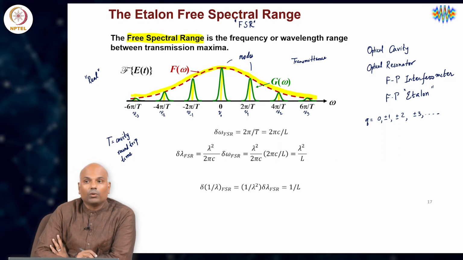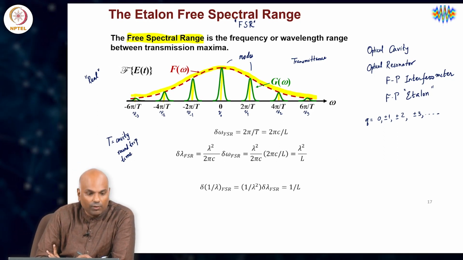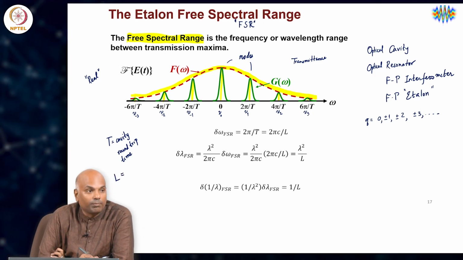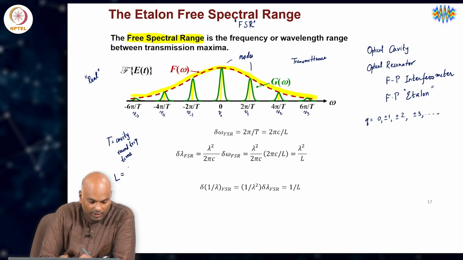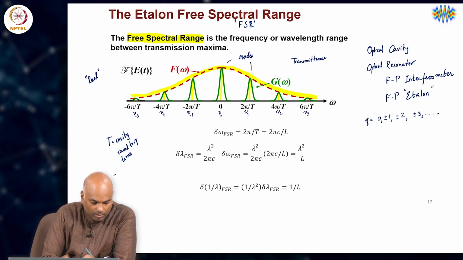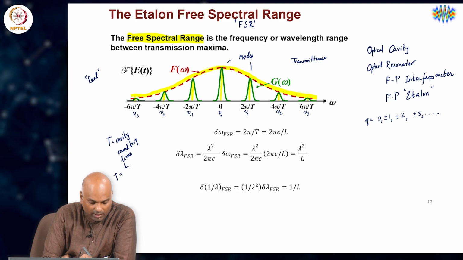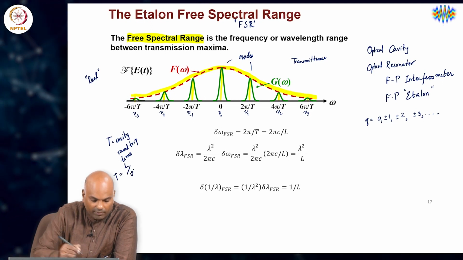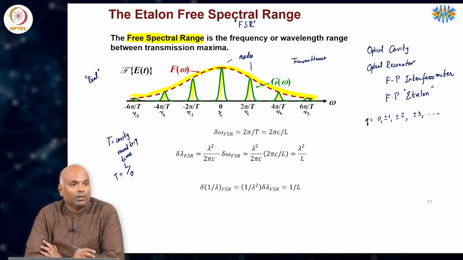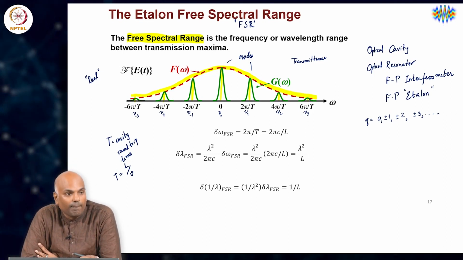Okay. So, how do we get the cavity round trip time? We had L, which was the cavity round trip path length. So, take L. So, t is essentially the cavity round trip path divided by v, the velocity of light in this particular cavity. Okay.